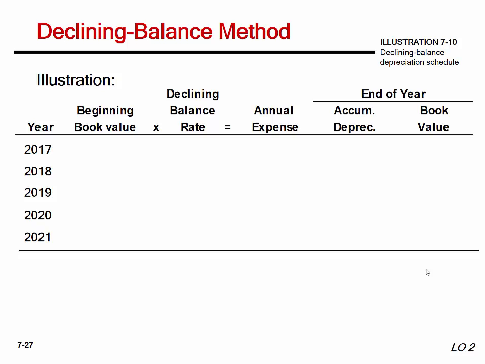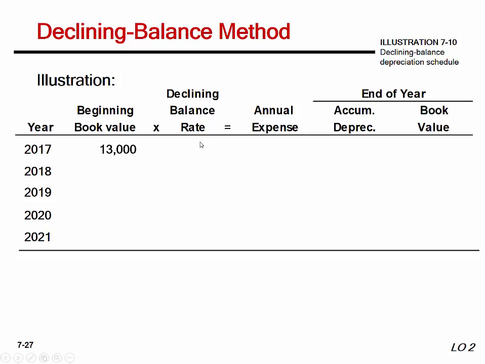We haven't lifted a finger, we haven't driven the truck at all yet. Therefore, our beginning book value on day one of year one is the $13,000. We're going to take that beginning book value number and multiply it times the double declining balance rate.